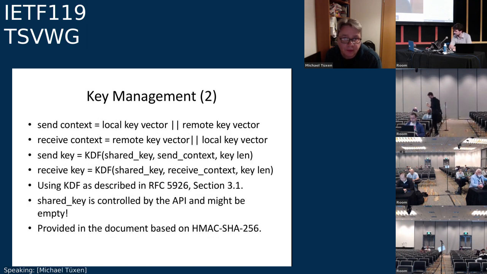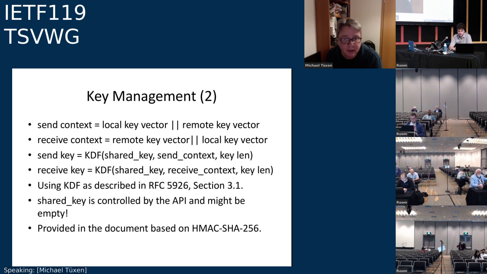From that, by concatenating the key vectors, you get a send context and a receive context, and then you get a send key and receive key by using a key derivation function, where you use the send context or receive context and a shared key.